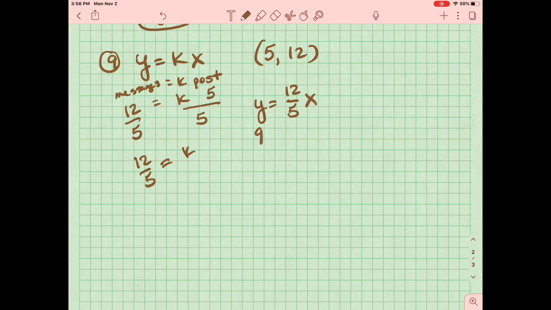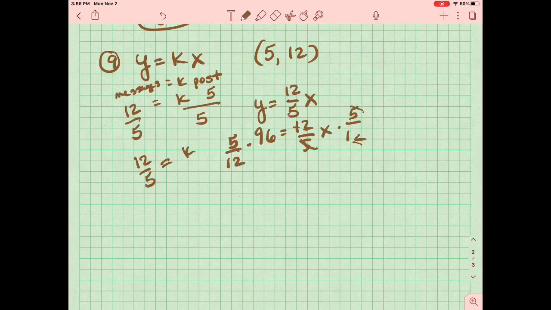So I'm going to plug in 96 for y here. I'm going to multiply this by 5/12 to get it to cancel, see? But I have to do that over here too.